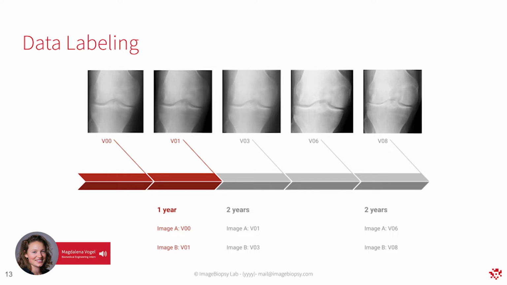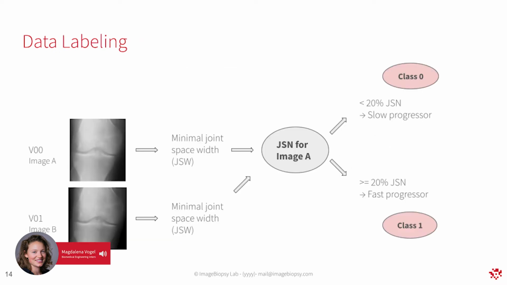So like this, we have here 3 intervals of the data we can use. The first interval is 1 year between visit 0 and visit 1. And for example, from visit 1 to visit 3, we have 2 years, so we could calculate here as well.